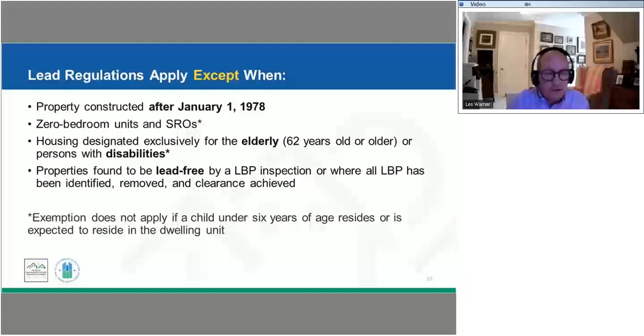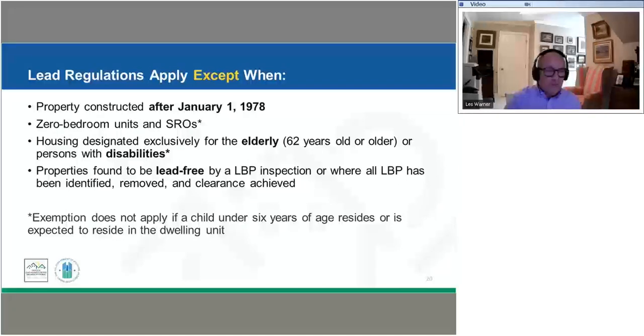We also talked about units that were specifically restricted for the elderly or the disabled community, and properties that have been tested and found to be lead-free. So we could have a pre-1978 unit that either never had lead or has had it all removed, and we'd be able to document that this unit is exempt from the lead safe housing rule.